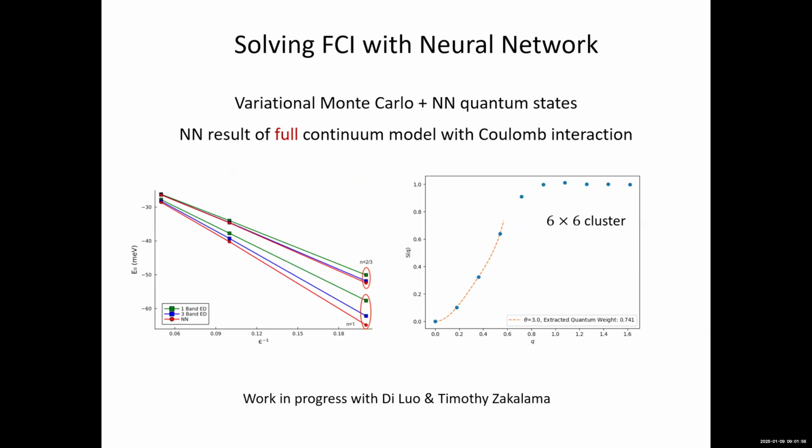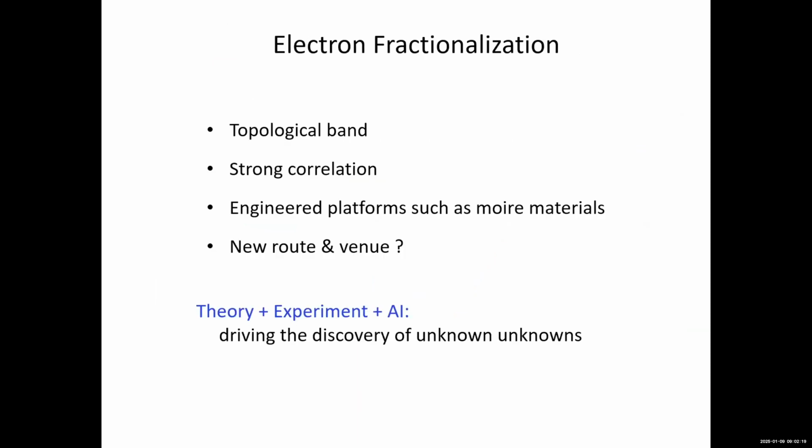We find that at all interaction strengths, the neural network energy is lower than band projected ED, and this tells us that band mixing is important. And here is the ground state structure factor calculated from the neural network, and this behavior is consistent with the fractional Hall liquid. Okay, since I'm running out of time, I'll just leave the summary here, and thank you for your attention.